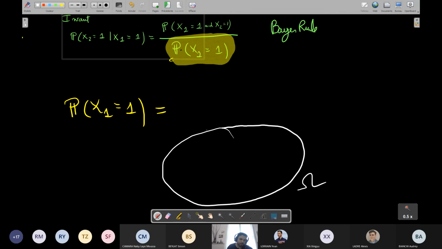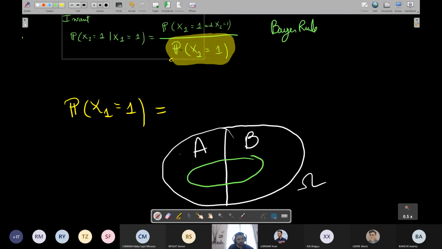This is omega, and some of them come from factory A, and some of them come from factory B. And I have here another event, which is the first one works and the second one also works.